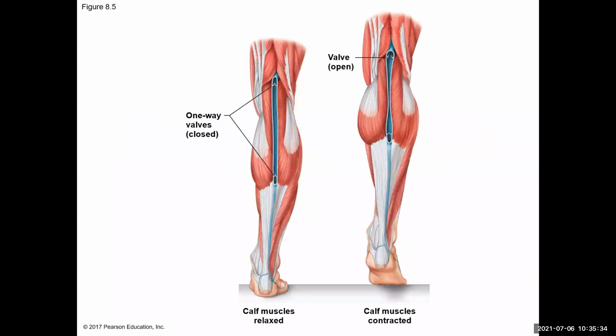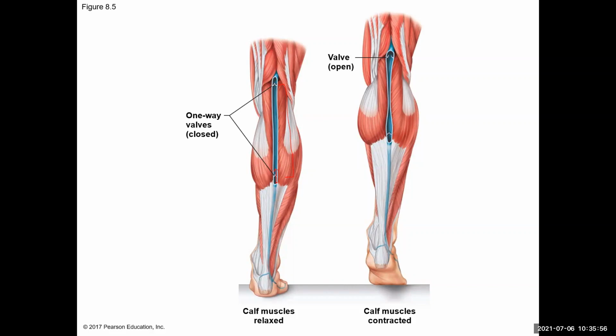And so to show the veins and the one-way valves and the contraction of the skeletal muscles, we have this figure here. Here we have a vein with the one-way valves closed. Notice that they're shaped to where blood can only enter this way; it can't go back down.